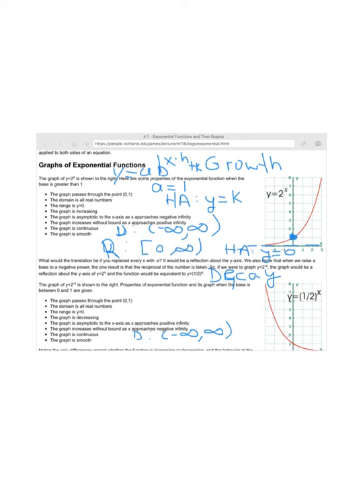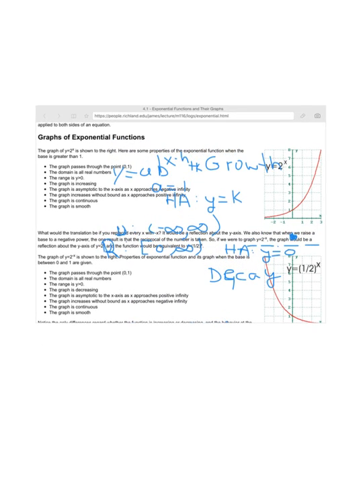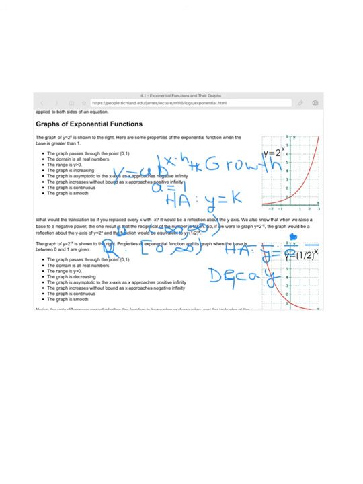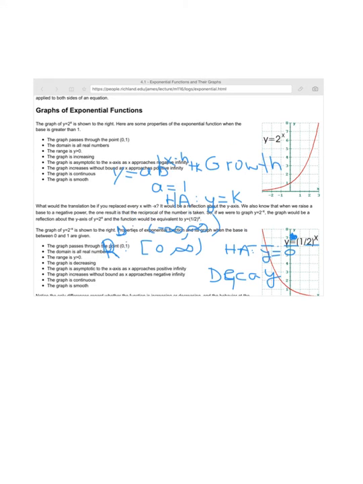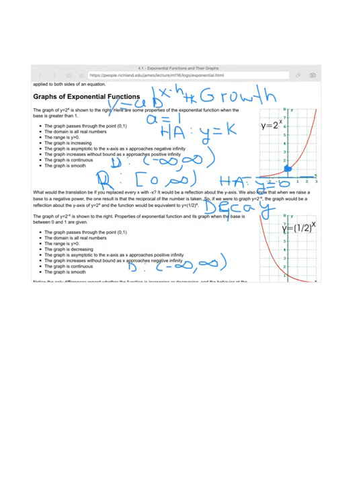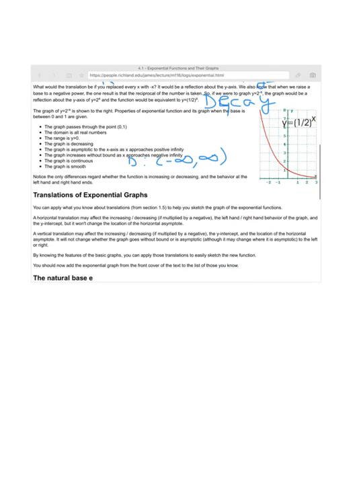Here's the decay model. What I want you to look at is how it doesn't really change that much. The decay model doesn't change anything. My horizontal asymptote is still 0 because k was still 0.